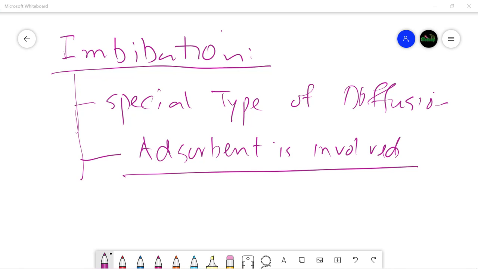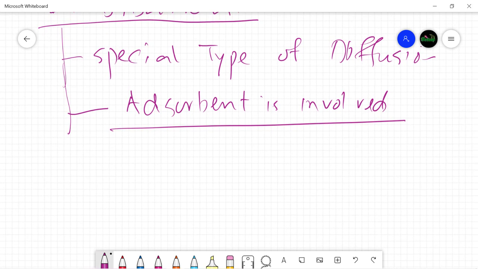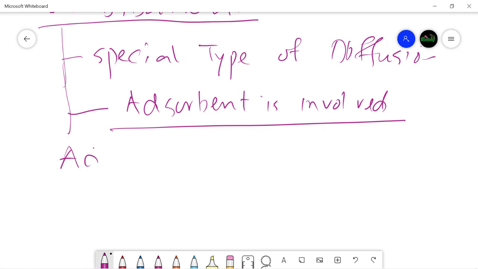We have encountered a new term, and that is adsorption. So first let's sort this out. What is adsorption?